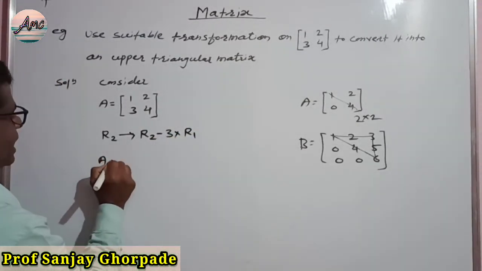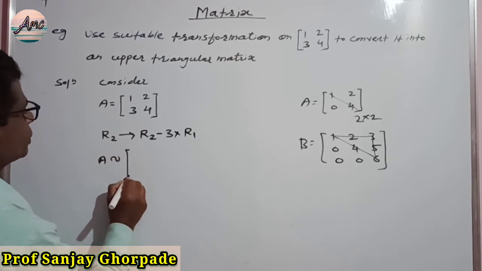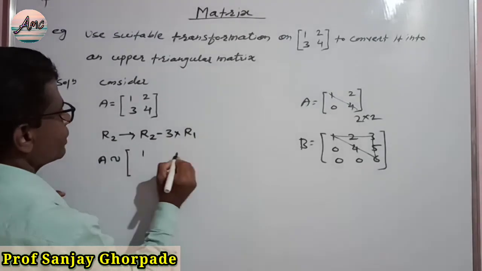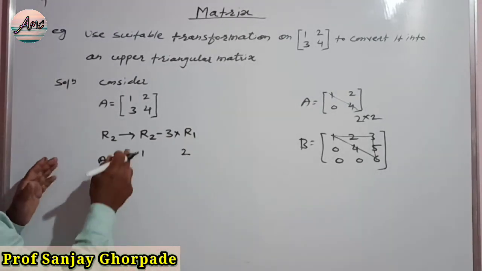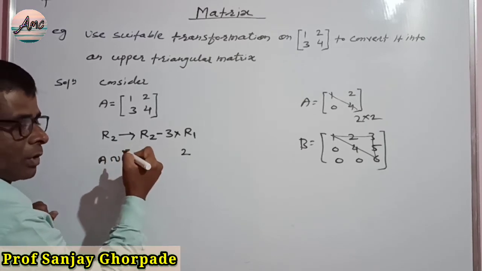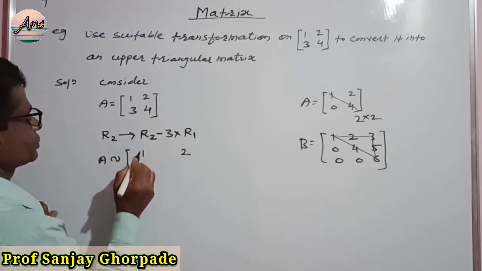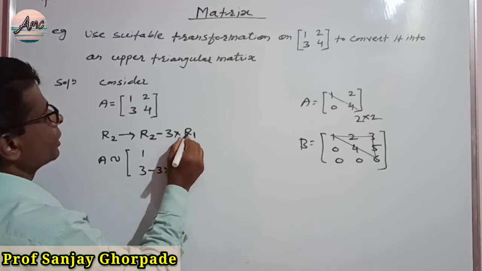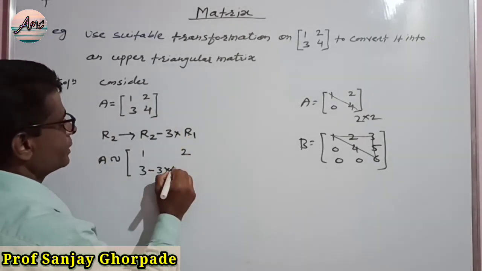So matrix A is equivalent to, there will be no change in the first row. We write down the first row as it is. Now the change is in the second row. How is it obtained? The elements of the second row are obtained as follows. Second row is 3 minus 3 into the element of the first row, that is 1.